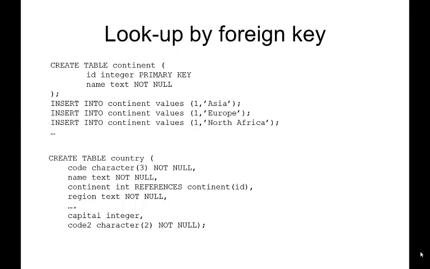We insert into it our values: Asia, Europe, North America. That should be 2 and 3, of course; I get more errors. And then when we create our table country, we have set a foreign key. So continent is an integer which references the continent table, so in this case we're storing the ID rather than the name.